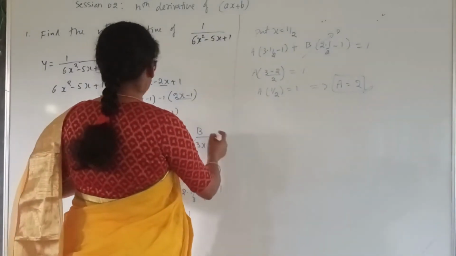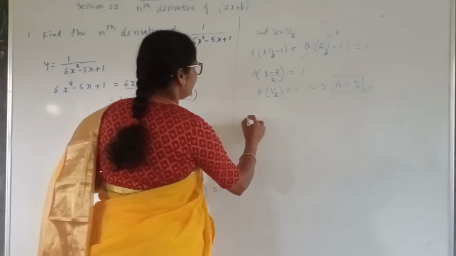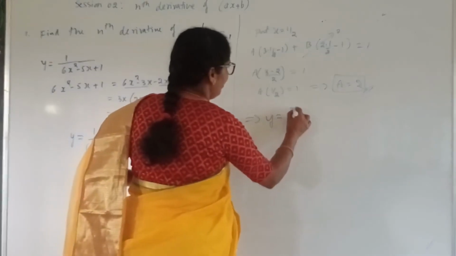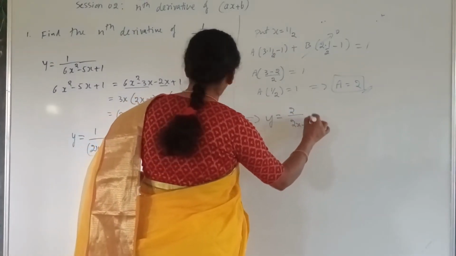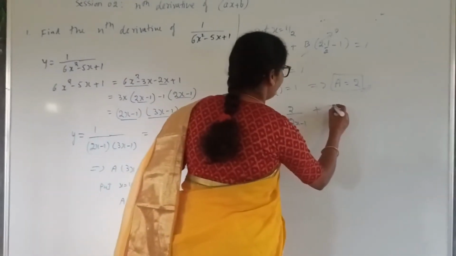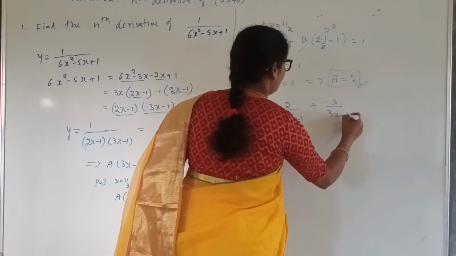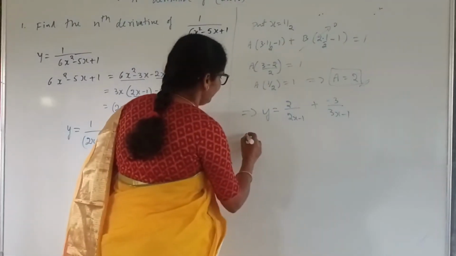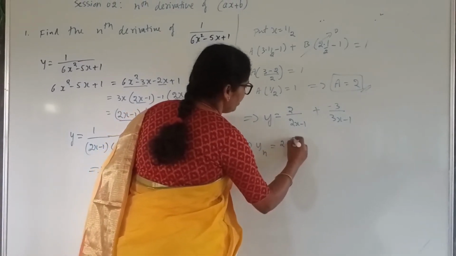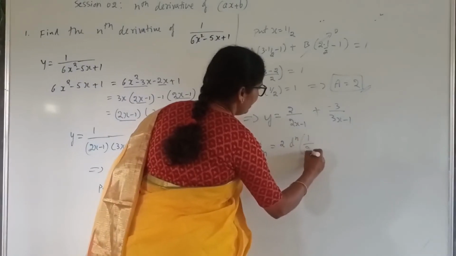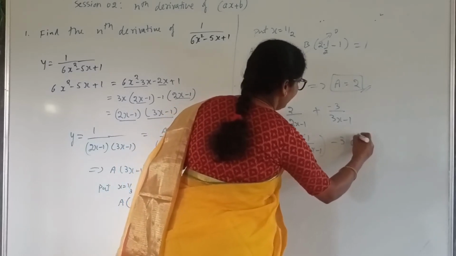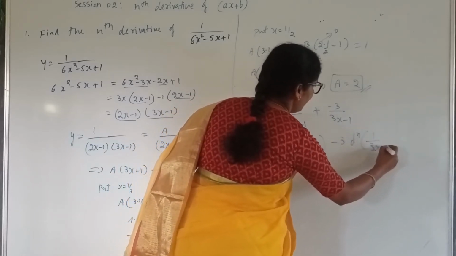Now the equation becomes y is equal to a by 2x minus 1 plus b by 3x minus 1. a value is 2, b value is minus 3. Now the nth derivative, that is yn, is equal to 2 into the nth derivative of 1 by 2x minus 1 minus 3 into the nth derivative of 1 by 3x minus 1.